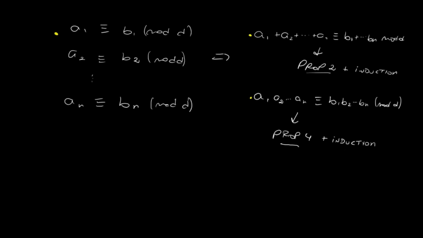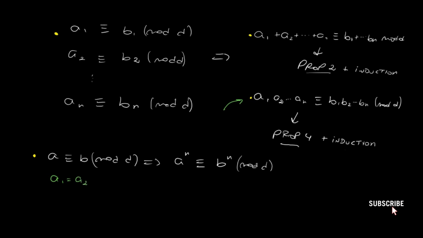Now I will do the last property, which is that if A is congruent to B modulo D, then A to the power n is congruent to B to the power n modulo D. And the proof for this is actually very simple, because once you've proven the property that the product of A1, A2, and An is congruent to the product of the B sub n's modulo D, then all you have to do is take A1 equal to A2 equal to A3 and so on equal to An, and also take B1 equal B2 equal to B sub n.